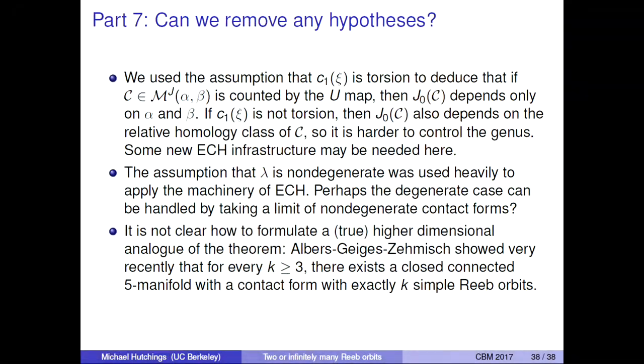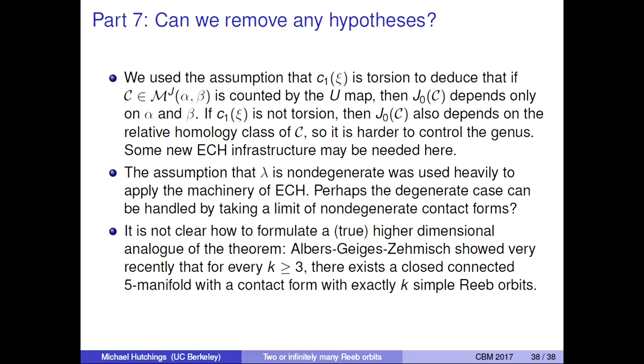And then you could say, could we generalize this? Could we remove any of the hypotheses in the theorem? So, well, one hypothesis was that C1 of the contact structure is torsion, so that seems kind of mysterious. Doesn't seem to have any geometric relevance to dynamics. Where did we use that? Well, I didn't explain it in detail, but it comes into controlling this number J0.